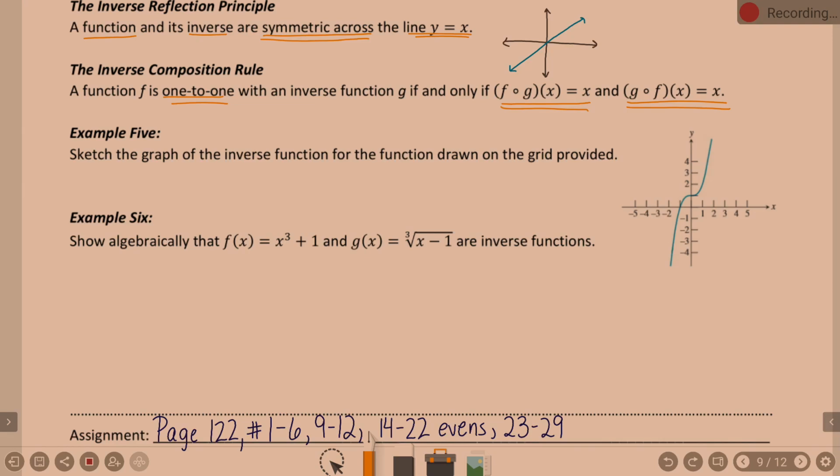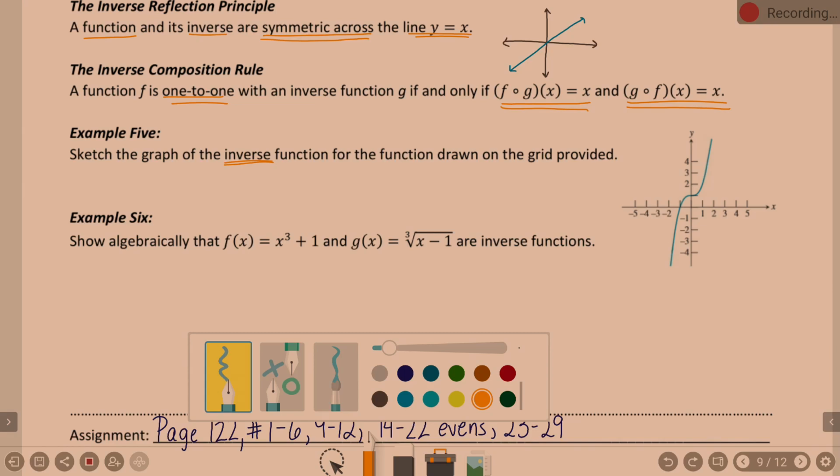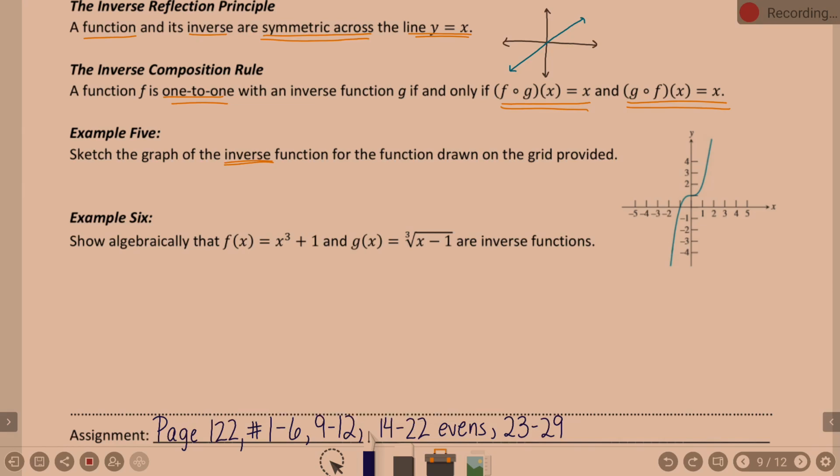And there's a couple of different ways to think about this. Inverse. Remember, any point that is x, y now becomes y, x. So one option to do this, can we pick some points on our current graph?